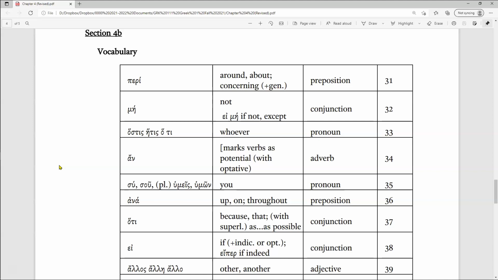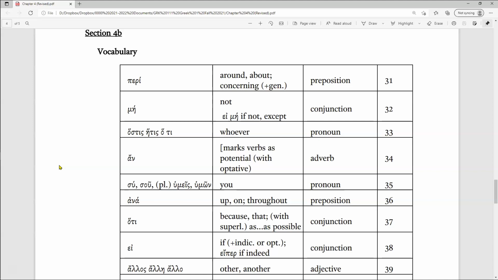Ei is if. My mnemonic device is actually another word in Greek, aei, which means always. And if a is an alpha privative, then ei means no if. So if you make a promise to always love someone, then you're promising no if.